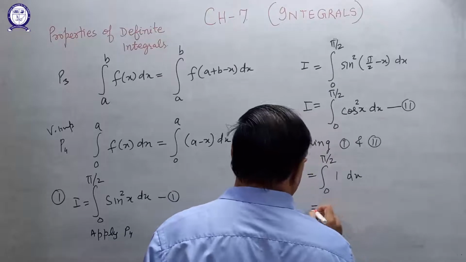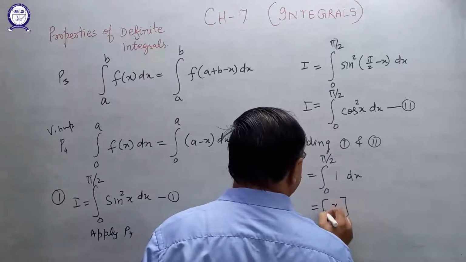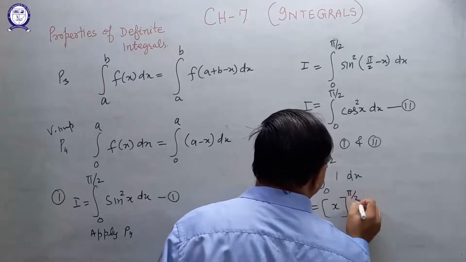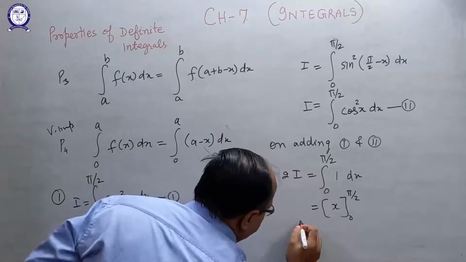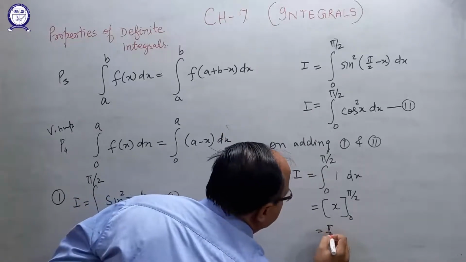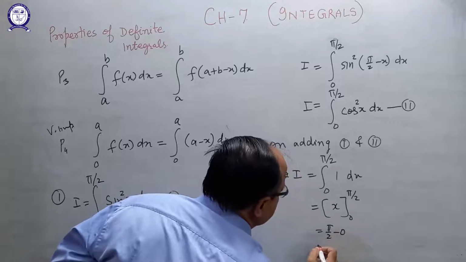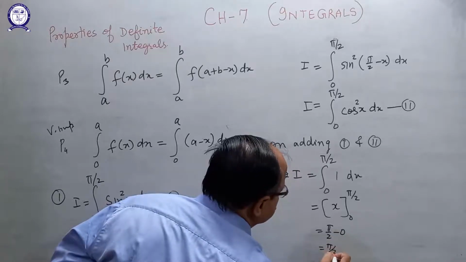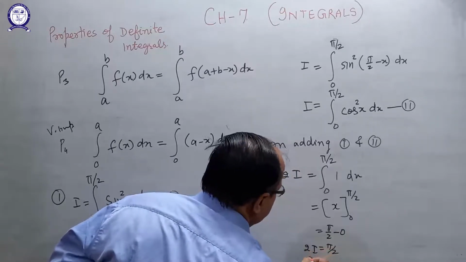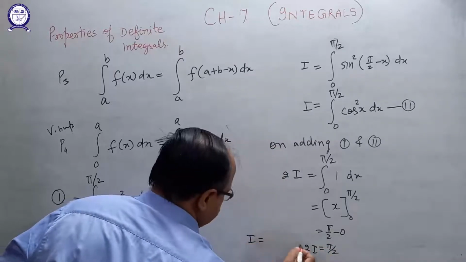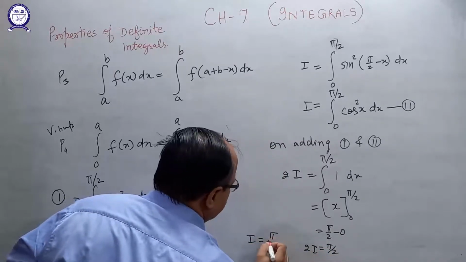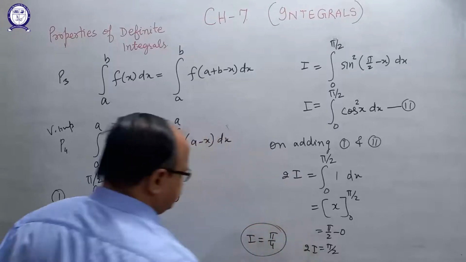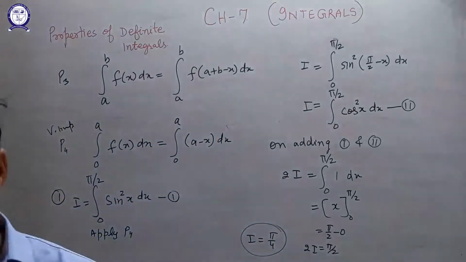And the integration of 1 is x. Therefore pi by 2 minus 0, it means pi by 2. Therefore 2I is pi by 2, so I is equal to pi by 4. This is the answer of this question.